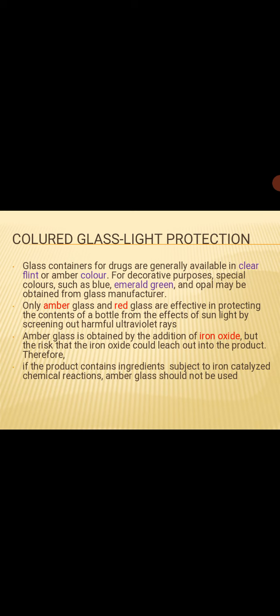Colored glass light protection. Glass containers for drugs are generally available in clear flint and amber glass or amber color.